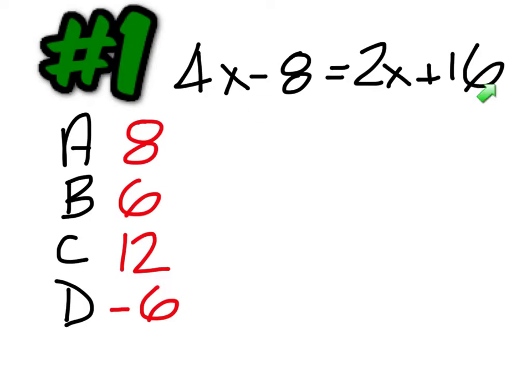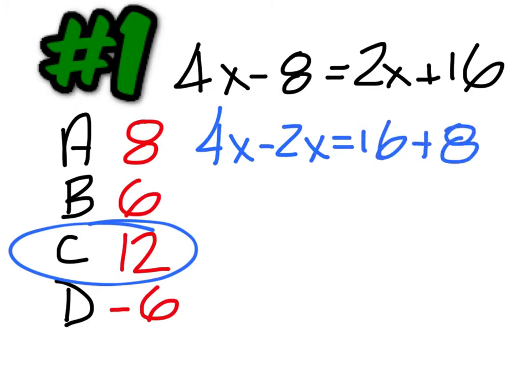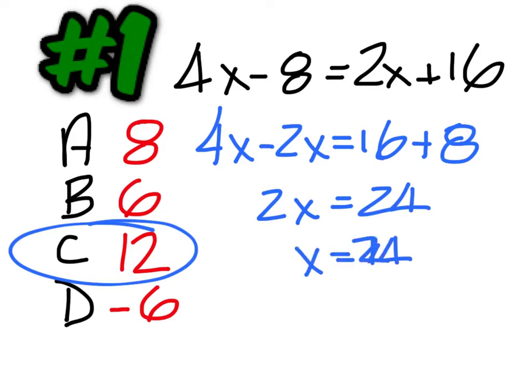So you have 2x and 24, so the answer should be C, 12. Or if you work it out, it's 4x minus 2x equals 16 plus 8, which would be 2x equals 24 still. And then 24 divided by 2 would be 12.